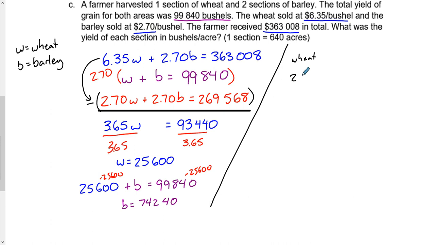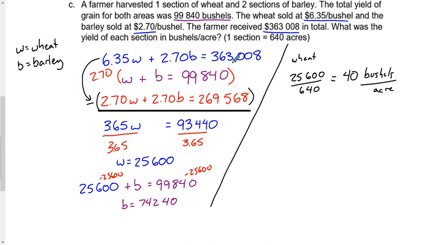So we just have to take our 25,600 divided by 640. This farmer is getting 40 bushels per acre for wheat.